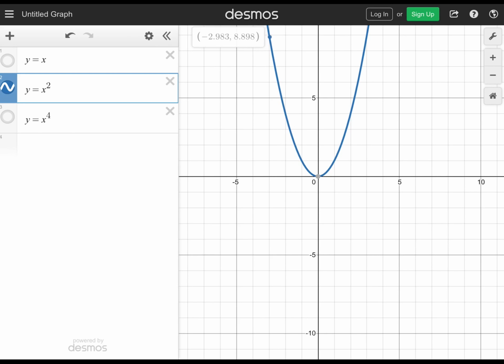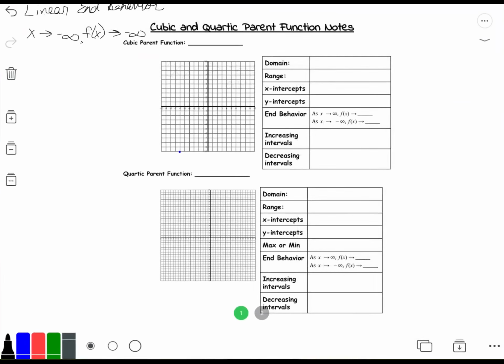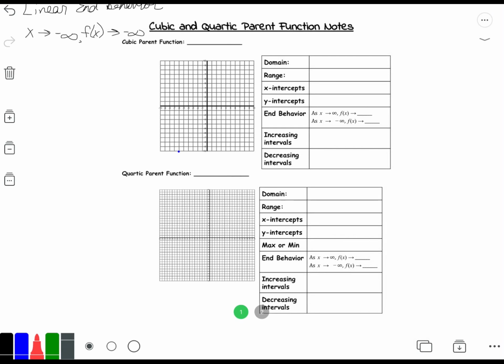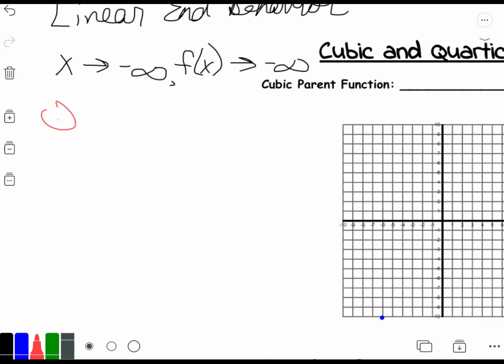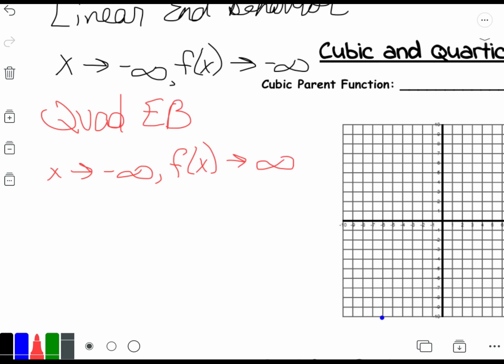Our y values are increasing. So what's that going to look like when we write it down? I'm going to make a note right here. For our quadratic end behavior, as our x values are decreasing, or going to negative infinity, our y values are increasing, so they're going to positive infinity.